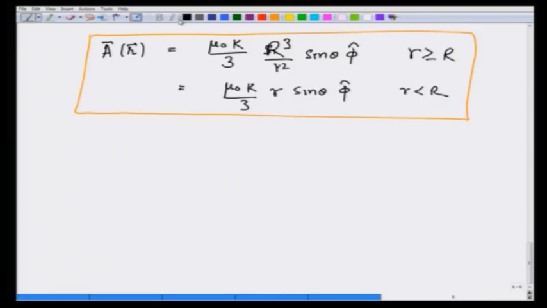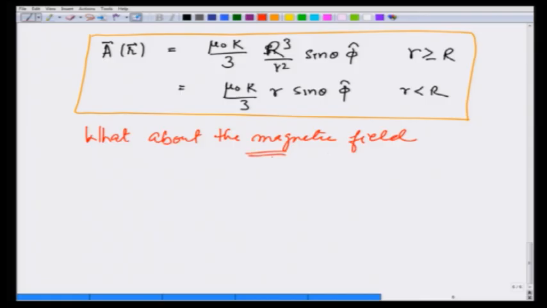What about the magnetic field? The magnetic field B(r) is given as curl of A(r).